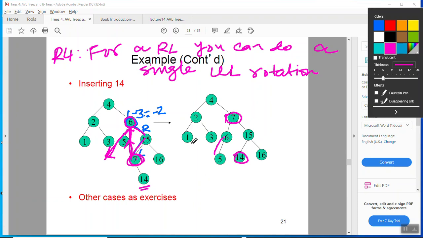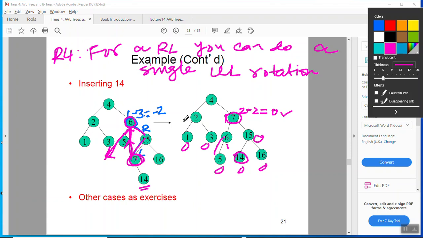Now it will be balanced. Now we'll check the balance factors. This is 0, 0, 0, 0 and 0. This is also 0 and this is 1 minus 0, which is 1. Now on the other side, 2 minus 2, it is 0. So then it is okay, right? Now it is an AVL tree.